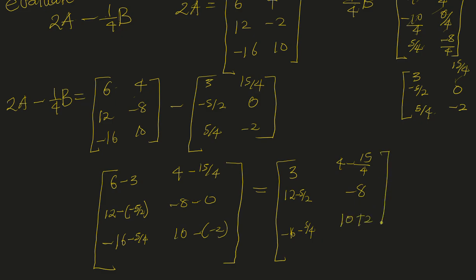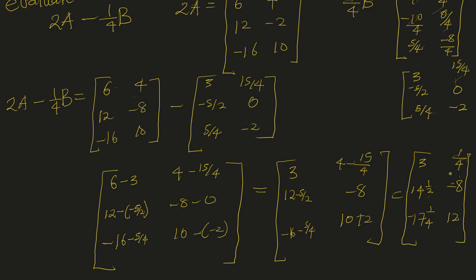By the time you take your fractions and evaluate, what's going to be your final answer? It is 3, 14 and 1 over 2, negative 17 and 1 over 4. We're having 12 here, because 10 plus 2 is 12, negative 8, and 4 minus 15 over 4 will give me 1 over 4.